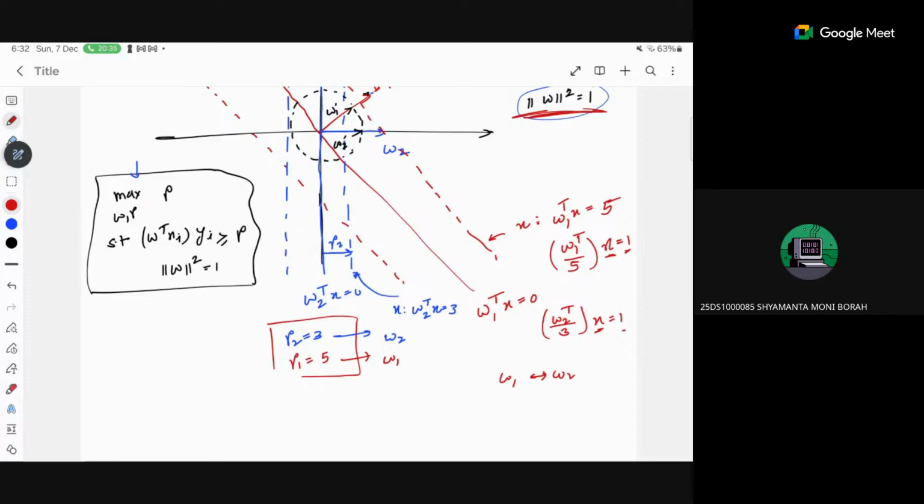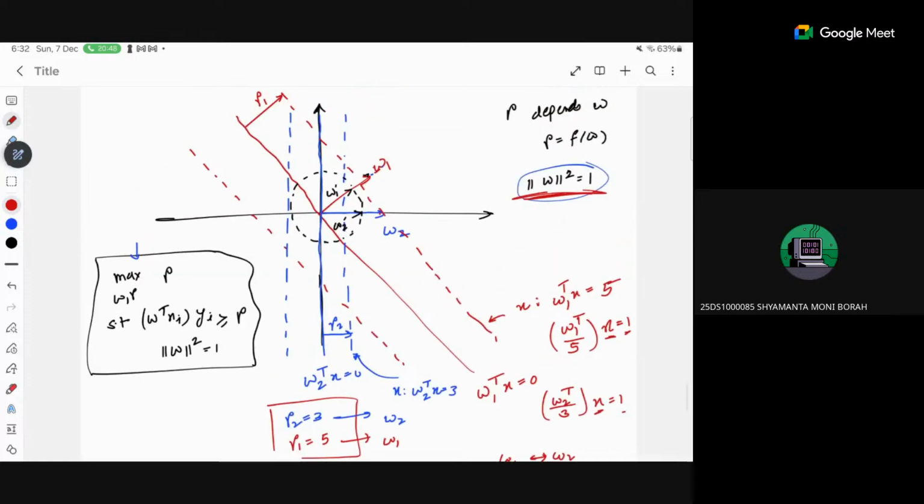What I said is that there are different W's, and they differ in directions. There are different directions which are possible. W1 is a correct W, and W2 also is a correct W. Why are they both correct? Because they are able to separate all the data points correctly. But we have put one more extra condition: they should not just classify the points correctly, they should classify the points correctly with maximum margin.